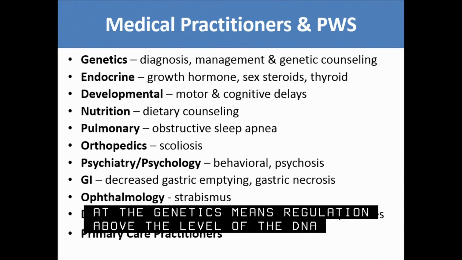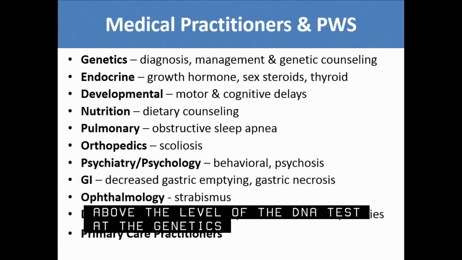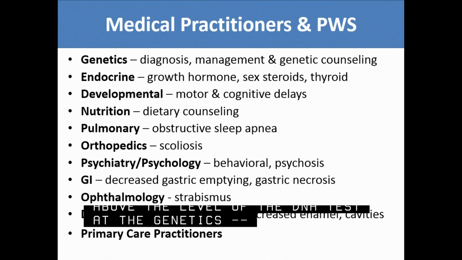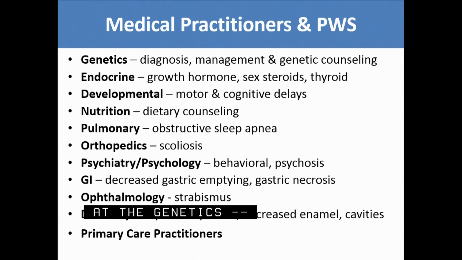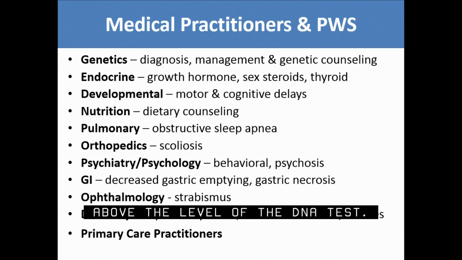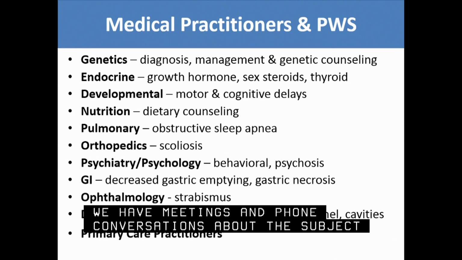There are a number of medical practitioners involved in Prader-Willi syndrome, and they're on my clinical advisory board. We had meetings and phone conversations about this subject, the ICD-10 code, which is Q87.1 for Prader-Willi and many other conditions.